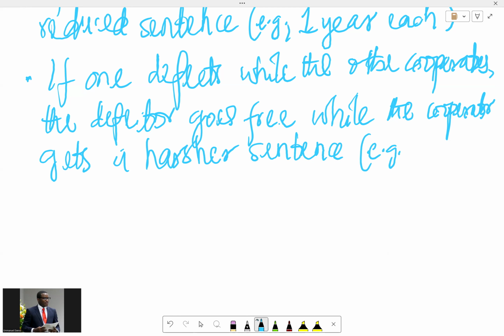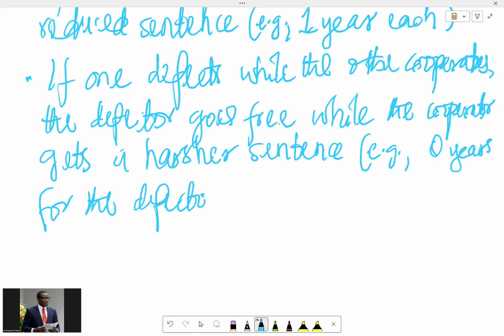E.g., 0 years for the defector and 3 years for the cooperator.